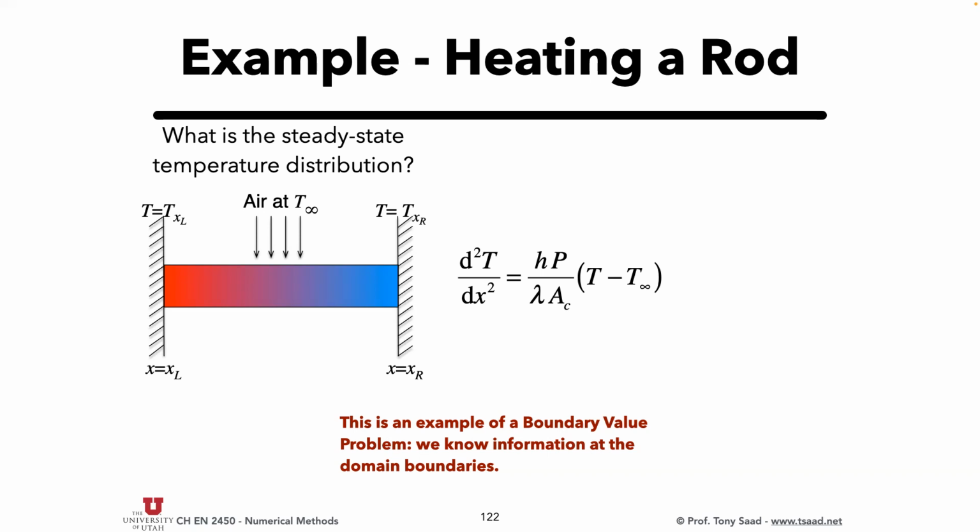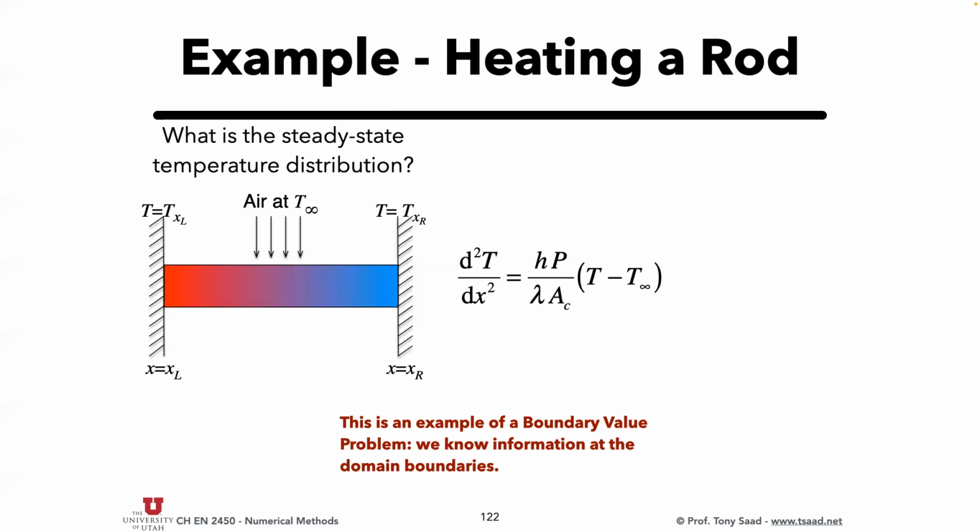But suppose you're blowing air at some temperature on this rod, and that air temperature is going to interact with the heating that is occurring from the boundaries or cooling from the boundaries, and it's going to produce a temperature distribution. We solved this problem in chapter 1, chapter on linear solvers, chapter 3, I guess, or chapter 2.